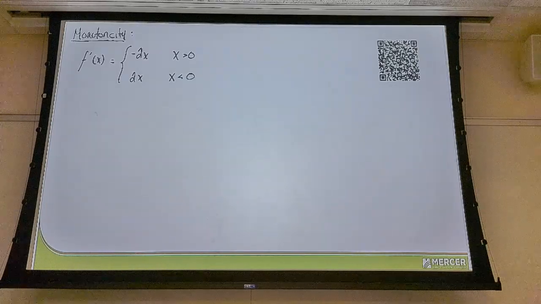So we have at least this much. The question is, is it differentiable at 0? So take the one-sided derivatives.